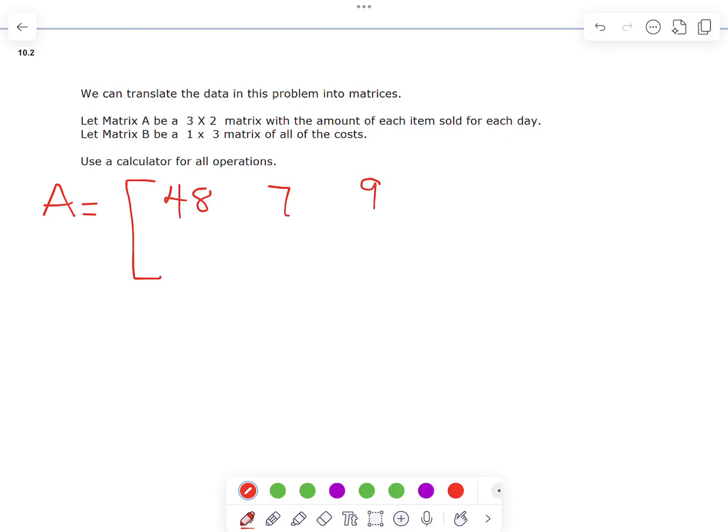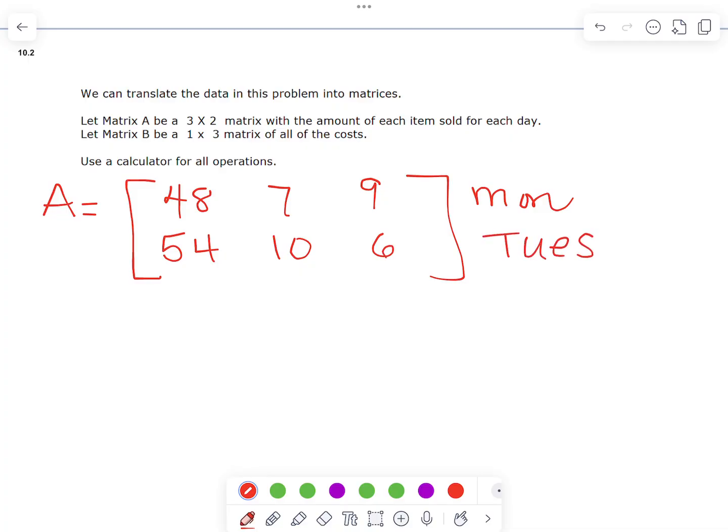So that's the first day, that was Monday. And then the second day, on Tuesday, they sold 54, 10, and 6. And then matrix B is going to represent the cost of each of those items. So 20 cents, 35 cents, and then $2.85.